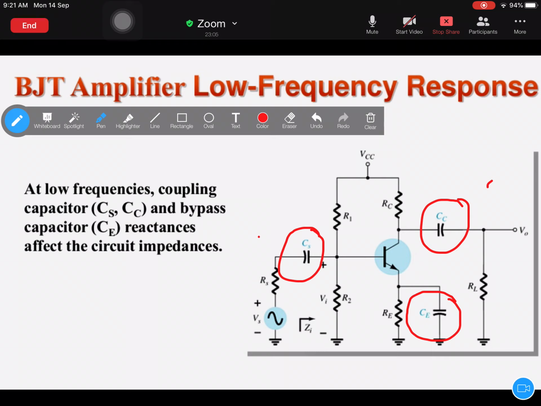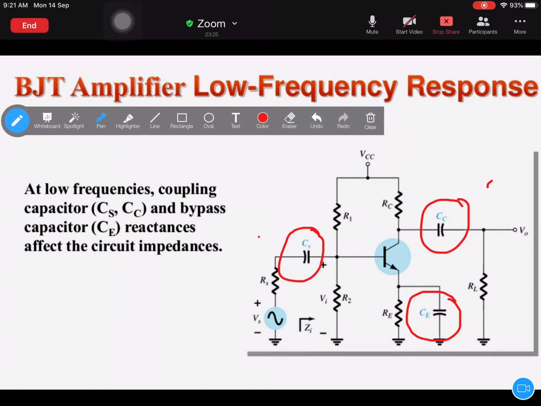Due to these capacitors, sometimes the impedance in this whole circuit will increase dramatically at certain frequencies. If you operate the whole system at a certain frequency, you can get very good gain.